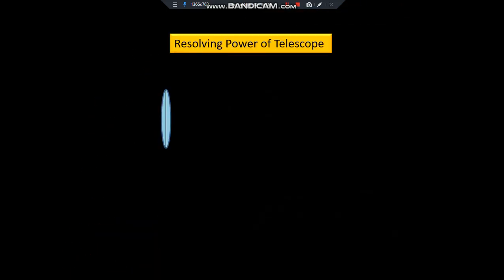Now let's see the resolving power of a telescope. Again, we have an objective here, but now the objects are at infinity, a very large distance. Let us say d is the distance between the objective and the screen.